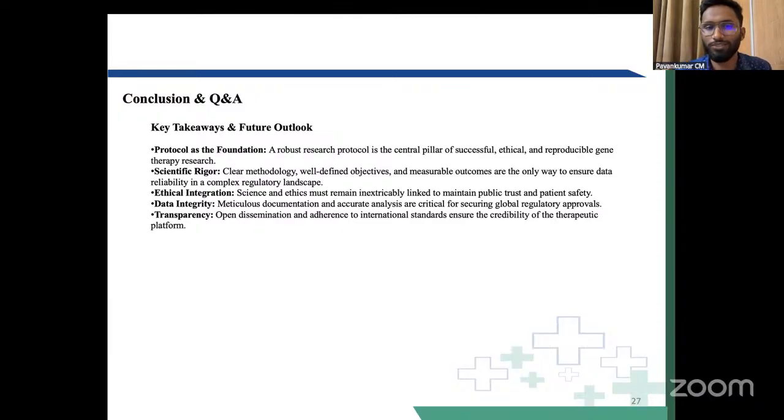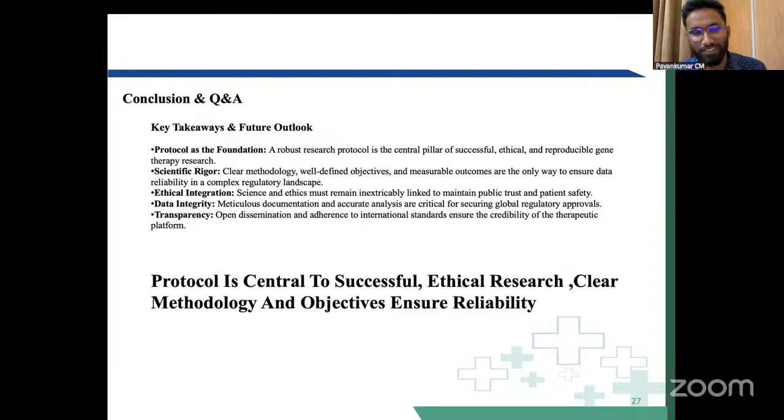A robust research protocol is a central pillar of success, ethical, responsible and reproducible research. We should match scientific rigor and ethical standards, data integrity should be there, and also the transparency we have spoken of should be there in our research protocol. So protocol is central to success, and ethical research, clear methodology and objectives ensure reliability.